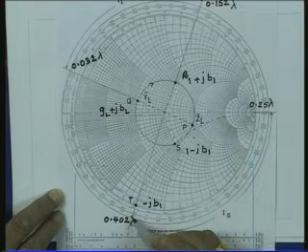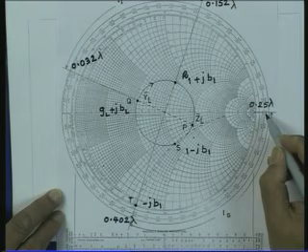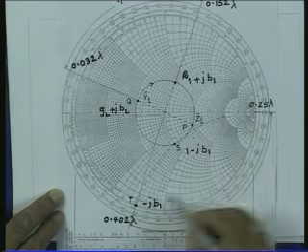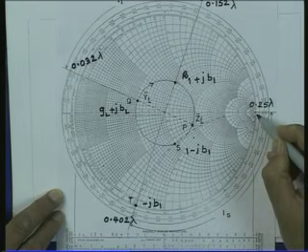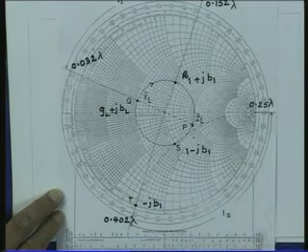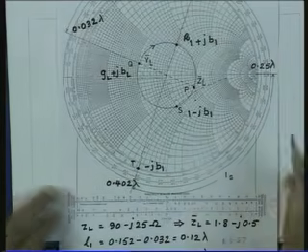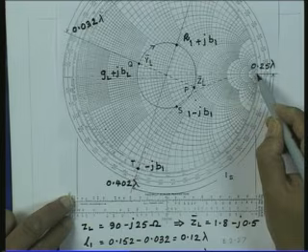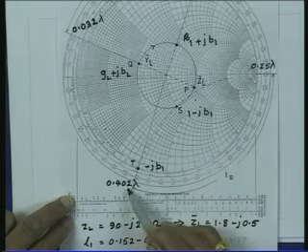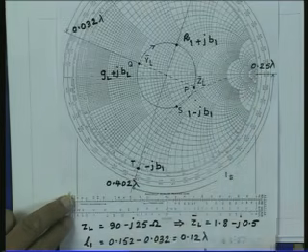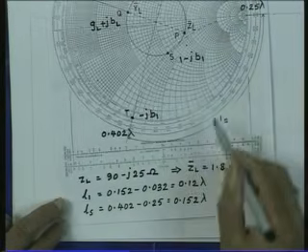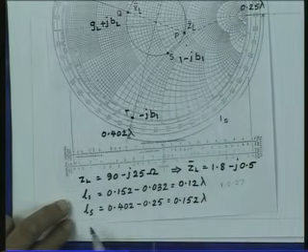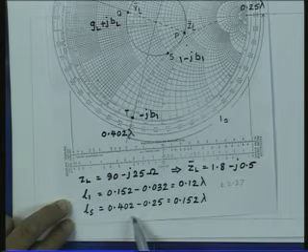I move in the anti-clockwise direction till I reach the rightmost point on the Smith chart. Again I can read the lengths. This point corresponds to 0.25 lambda, this is 0.402 lambda. So, the difference of these two gives me the length of the stub, and that is 0.402 minus 0.25 equal to 0.152 lambda.